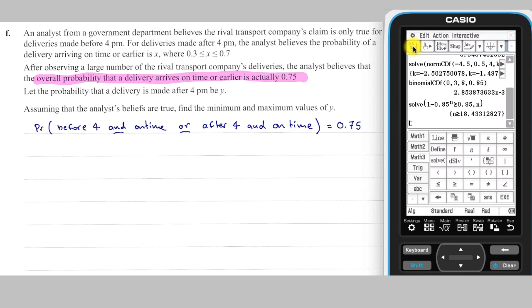If the probability of a delivery being made after 4 is y, and such a delivery is on time or early with probability x, then combined with the probability of a before 4 delivery being on time or early remaining as 0.85, this probability relationship can be expressed in the following equation.